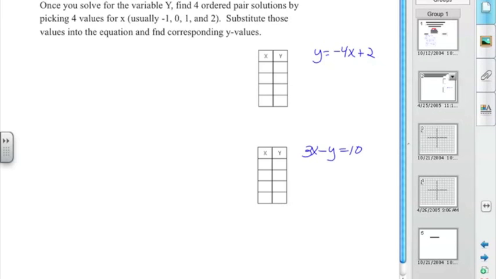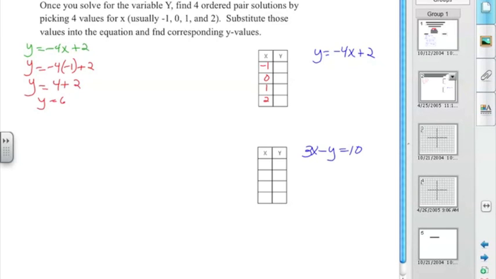So at this point, we're going to do 4 little math problems. We're going to have y equals negative 4x plus 2, and we're going to pick our values for x to be negative 1, 0, 1, and 2. So we'll substitute in negative 1 for x. y equals negative 4 times negative 1 plus 2. Simplifying that, y equals 4 plus 2, so y equals 6.